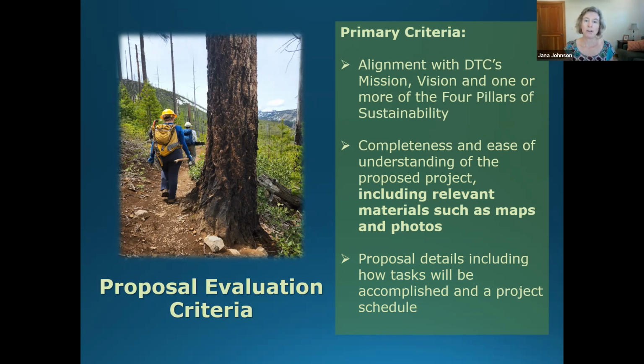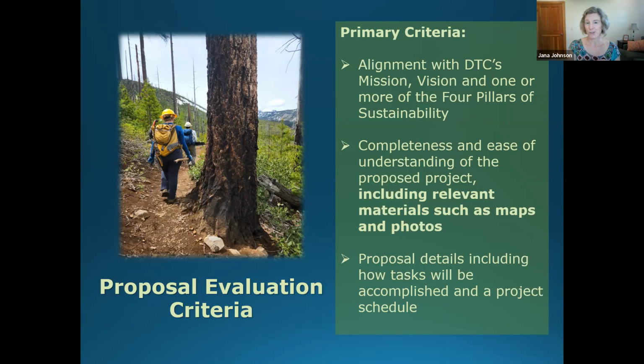So for primary criteria, what we'll be looking at is the project: does it align with DTC's mission and vision and one or more of the 4 pillars of sustainability that I referenced before and that are on our website? Our mission is generally pretty broad in terms of supporting a trail network regionally that is sustainable.